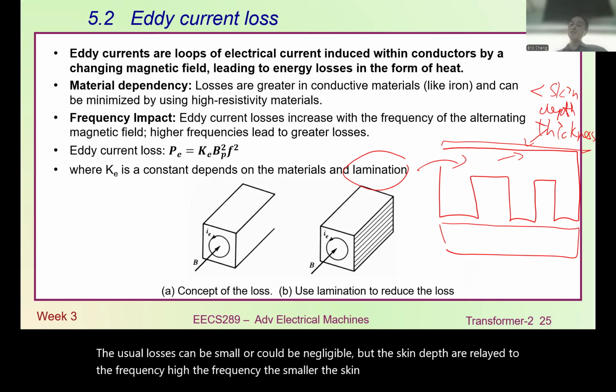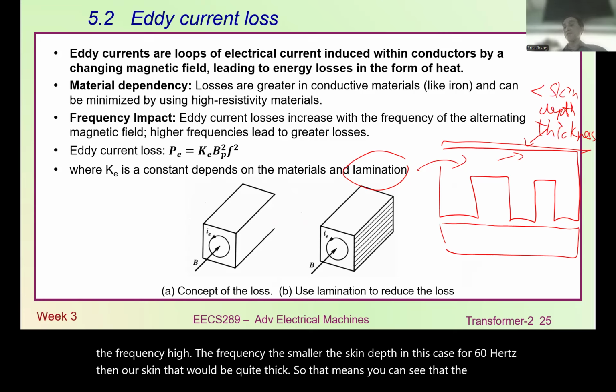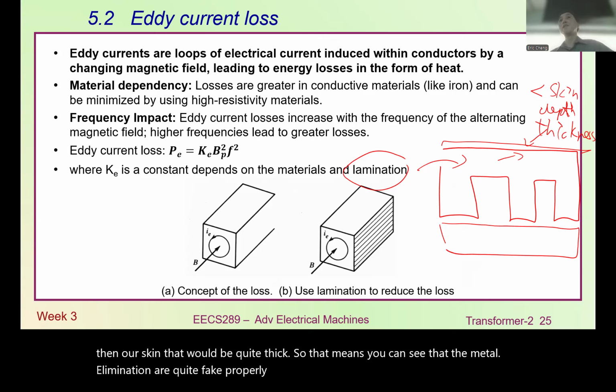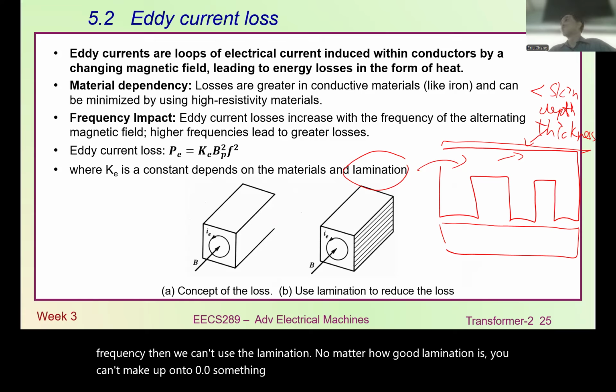For 60 Hertz, our skin depth will be quite thick, so the metal laminations are quite thick, probably in the millimeter range. But when we go to high frequency, we can't use lamination. No matter how good the lamination is, you can't make it down to 0.0-something millimeter. That would be too complicated.